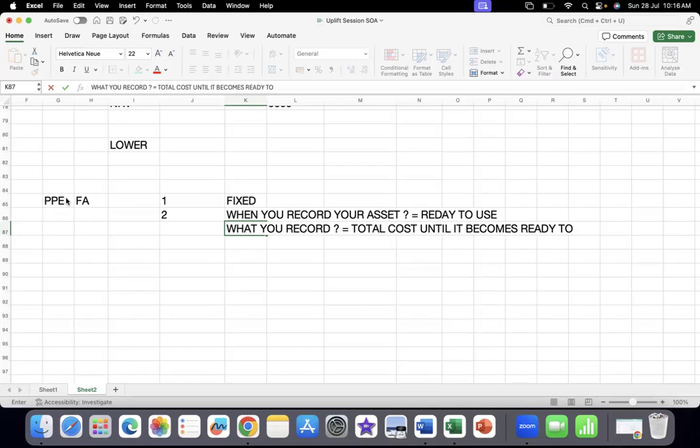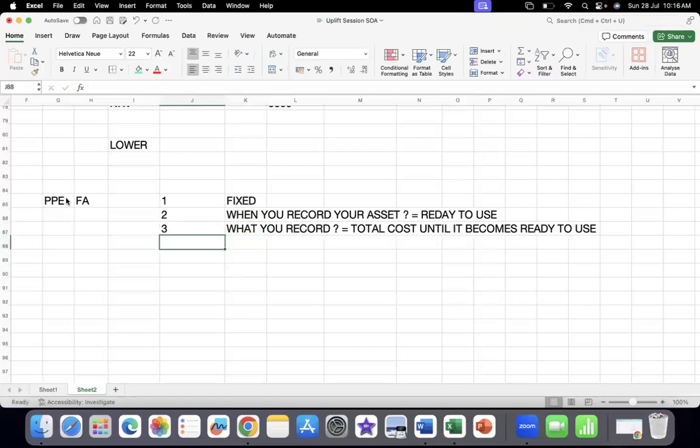In simple words, whatever cost you need to incur to make the asset ready to use, that whole cost should go into the final cost of that asset. So in Hindi, the way I remember it is: asset को ready करने तक का खर्चा सारा उसकी cost में आता है. Okay.